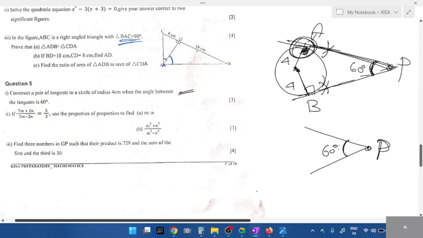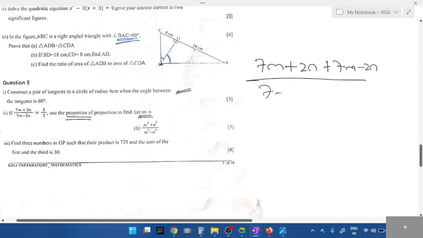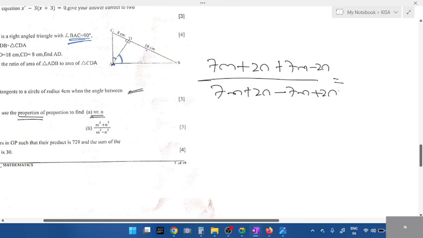Next one, a componendo and dividendo question. Apply the property. What property is given here? I mean, what have they told us to find, students? m is to n. Using what property? Which property do we use? The most used property is componendo and dividendo. (7m plus 2n plus 7m minus 2n) divided by (7m plus 2n minus 7m plus 2n) is equal to (5 plus 3) by (5 minus 3).